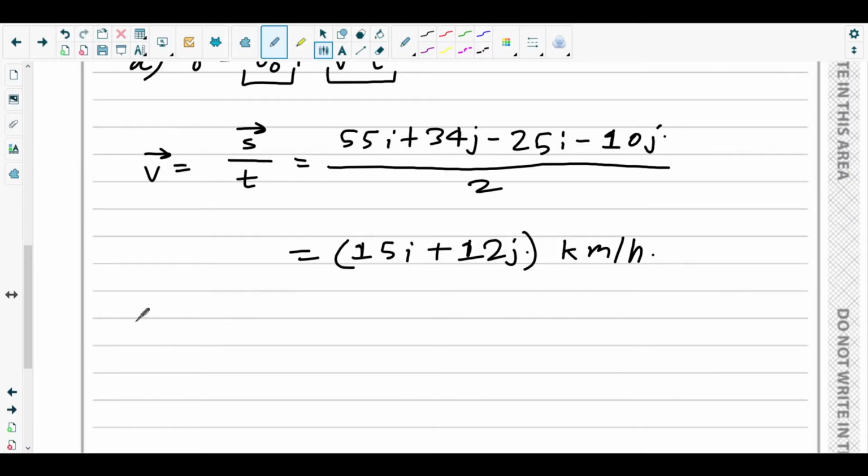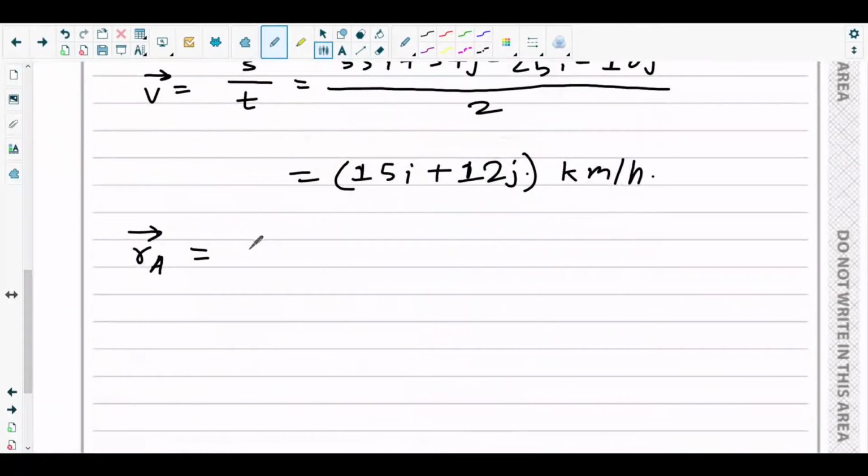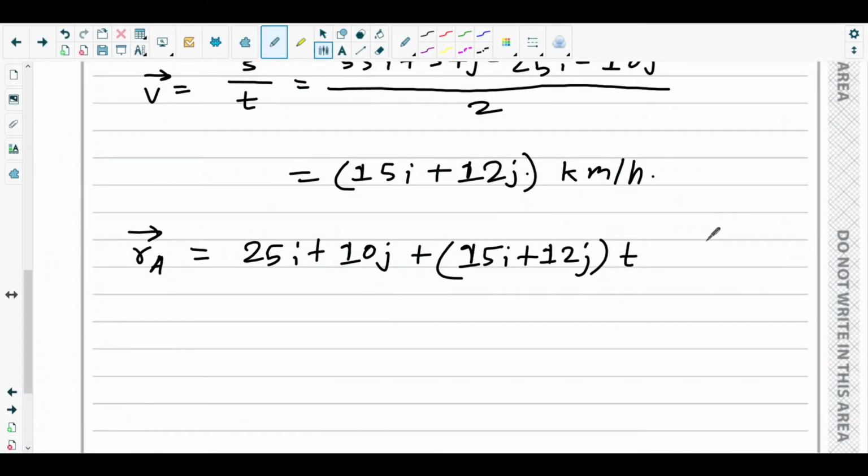So we got the velocity. Now we need to find the position vector R_A. R naught, the initial position vector of ship A, was 25i plus 10j, plus the velocity 15i plus 12j times t, in kilometers since it's position.